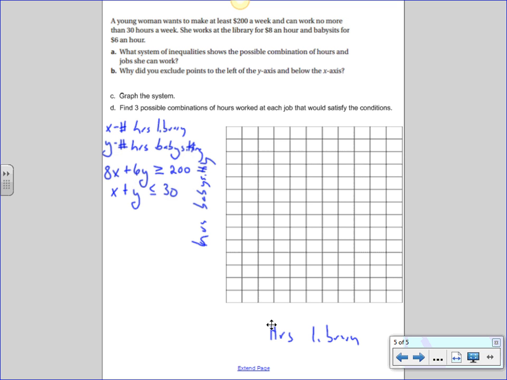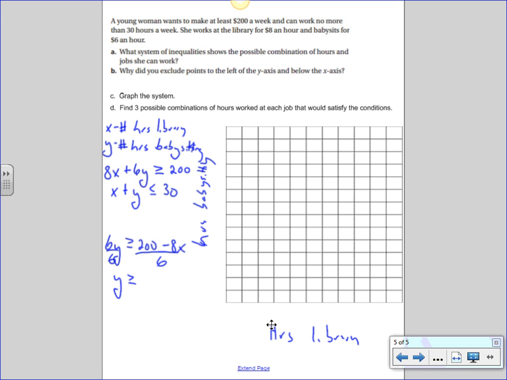Okay. So then, if I solve each of these for y, so if I solve the top one, I got 8x plus 6y equals 200. So if I subtract off the 8x, I'd have 6y is greater than or equal to 200 minus 8x. If I divide by my 6, I'd have y is greater than or equal to 200 divided by 6.